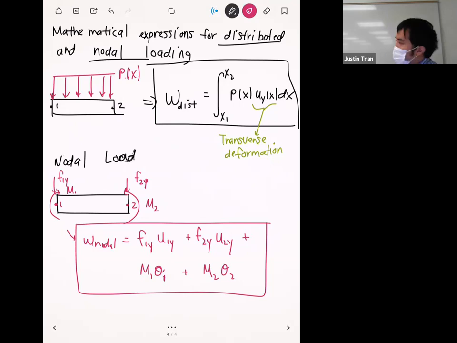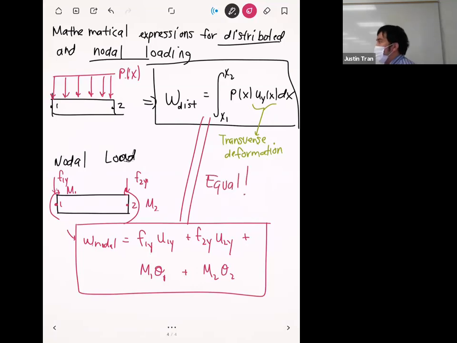And so by our principle of equivalent work, we have two expressions here for work, right? We have one expression for work which uses the distributed loading, and we have another expression of work that uses the concentrated ones. Our principle of equivalent work says that these two have to be equal. And so we can simply set these two expressions equal to each other.